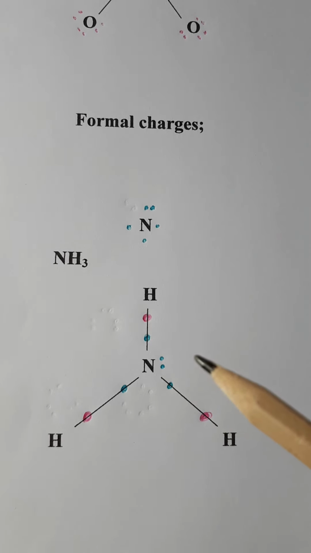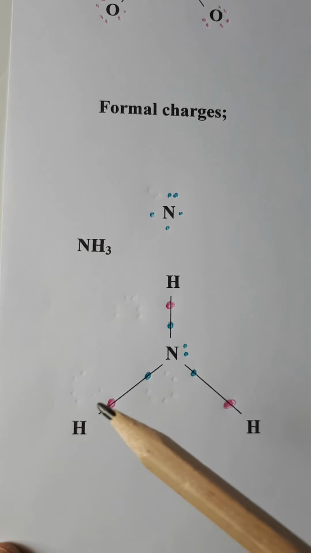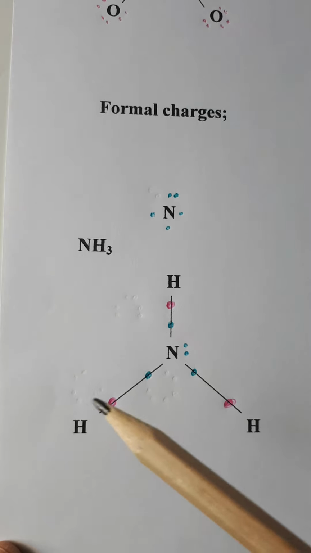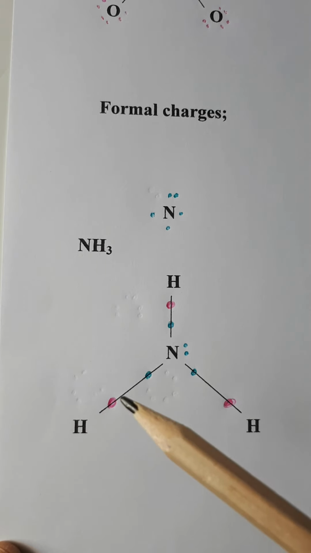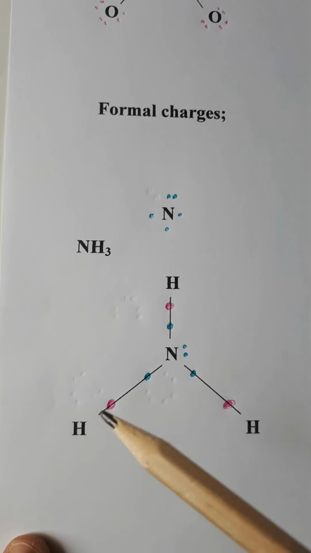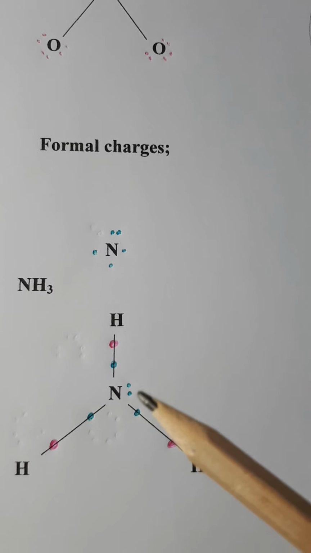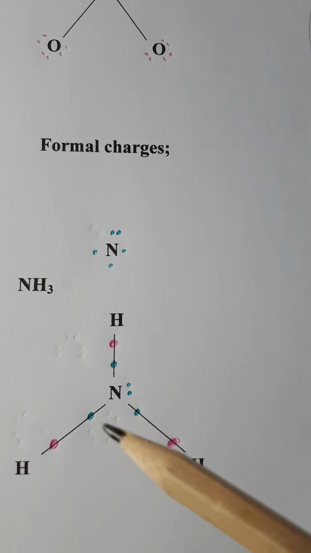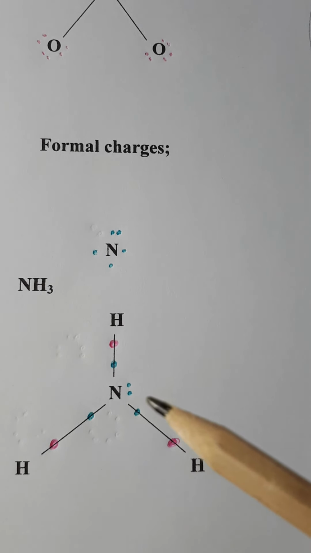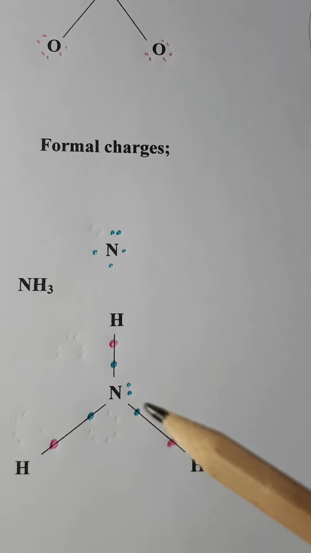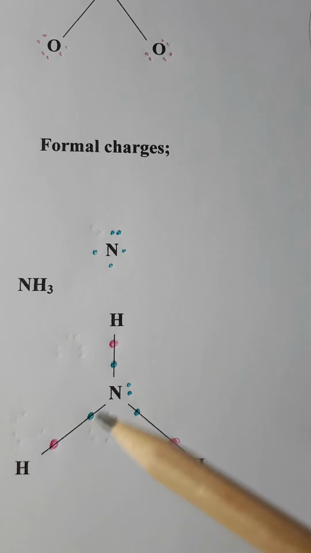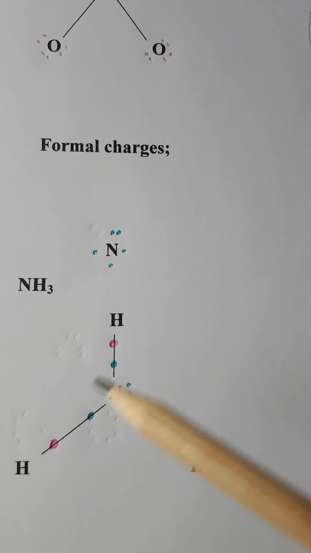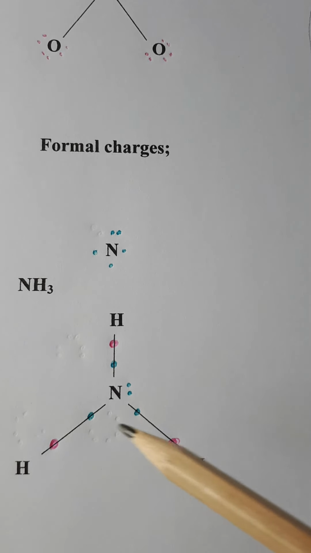Are there any charges? Hydrogen atom always has 1 electron in the outermost shell. Now he has 1. So no charges. Nitrogen atom, you can see in green color, it has 1, 2, 3, 4, 5. 5 electrons in the neighborhood of nitrogen.